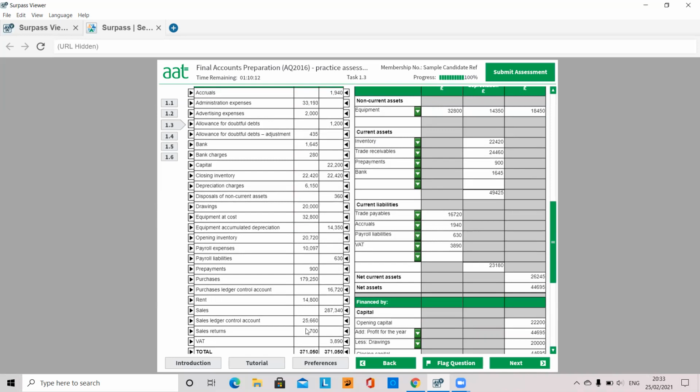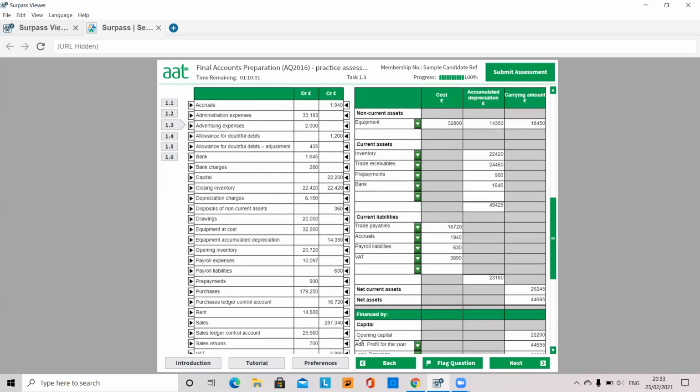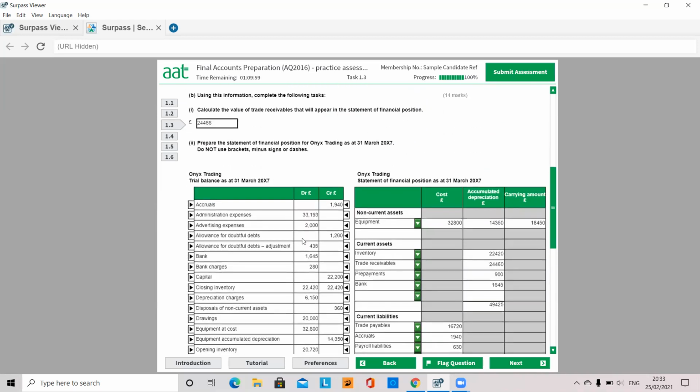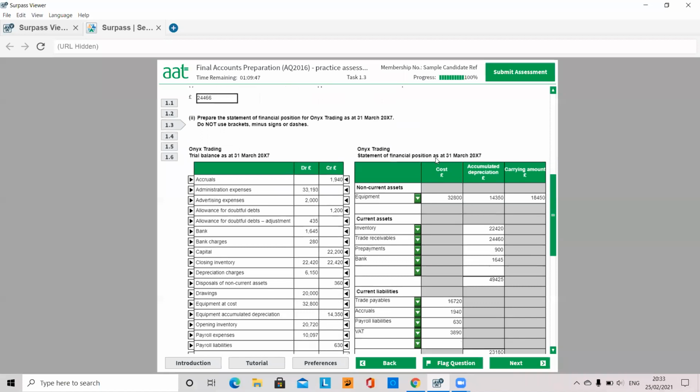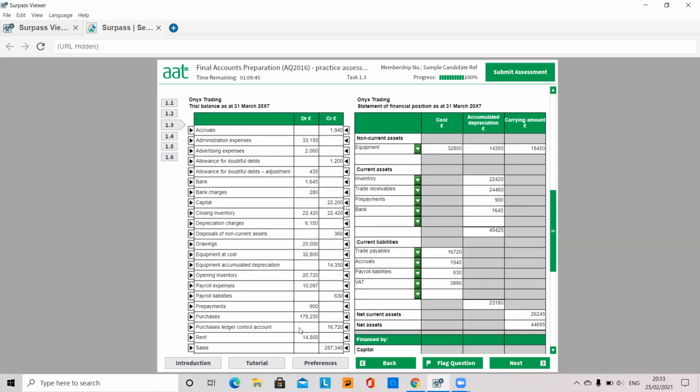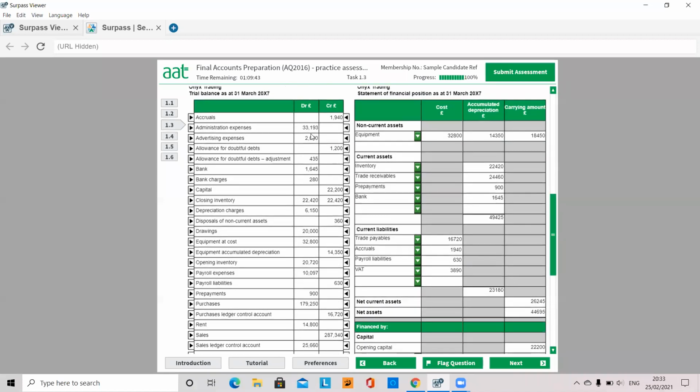So even though our customers owe us £25,660, we've put some money to one side just in case they don't pay us. So our trade receivables is calculated by taking off the allowance for doubtful debts, which is 24,466. Trade receivables minus our allowance for doubtful debts gives us our figure.